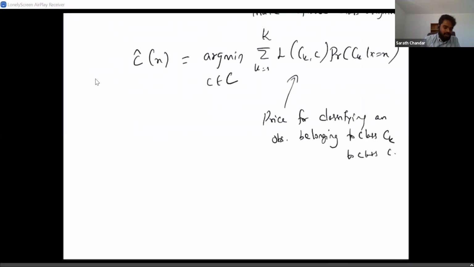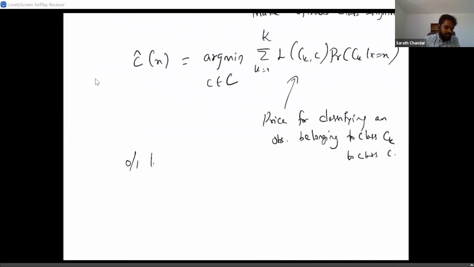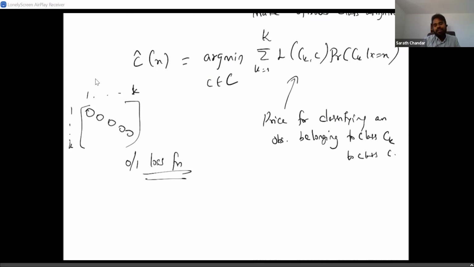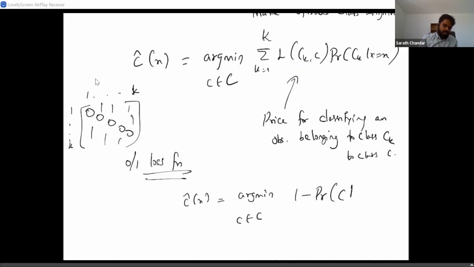So we have also discussed 0-1 loss functions. Remember that you have a matrix of 1 to K, where the diagonal is 0, because if you correctly classify, you get 0 loss, and the rest are 1, right? So when you have 0-1 loss function, the C hat of x is given by arg min over C belonging to the classes, 1 minus probability of C given X is equal to x. This is just a recap of what we have already seen before.